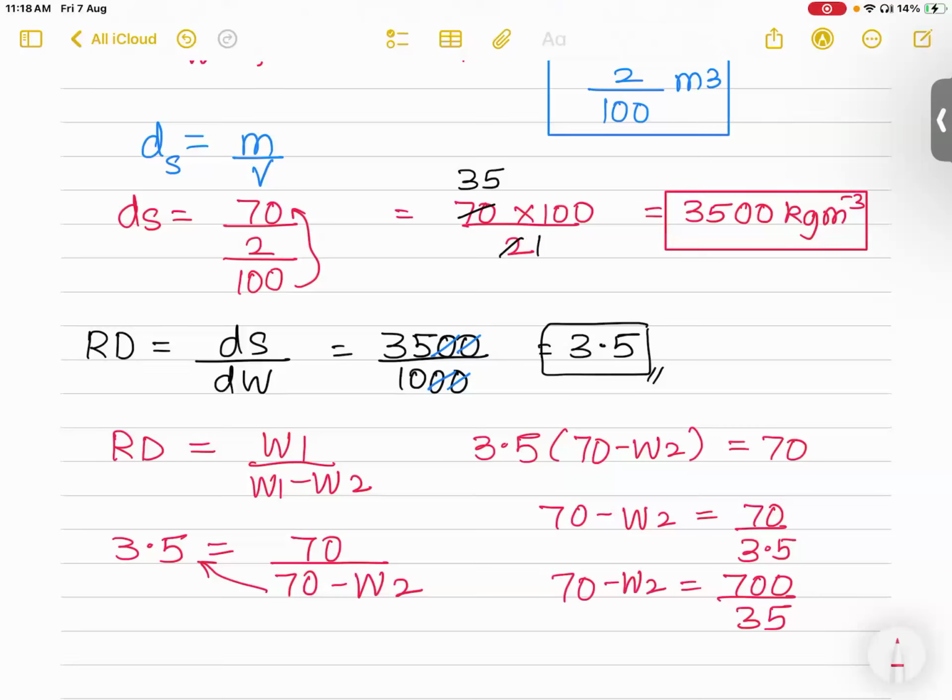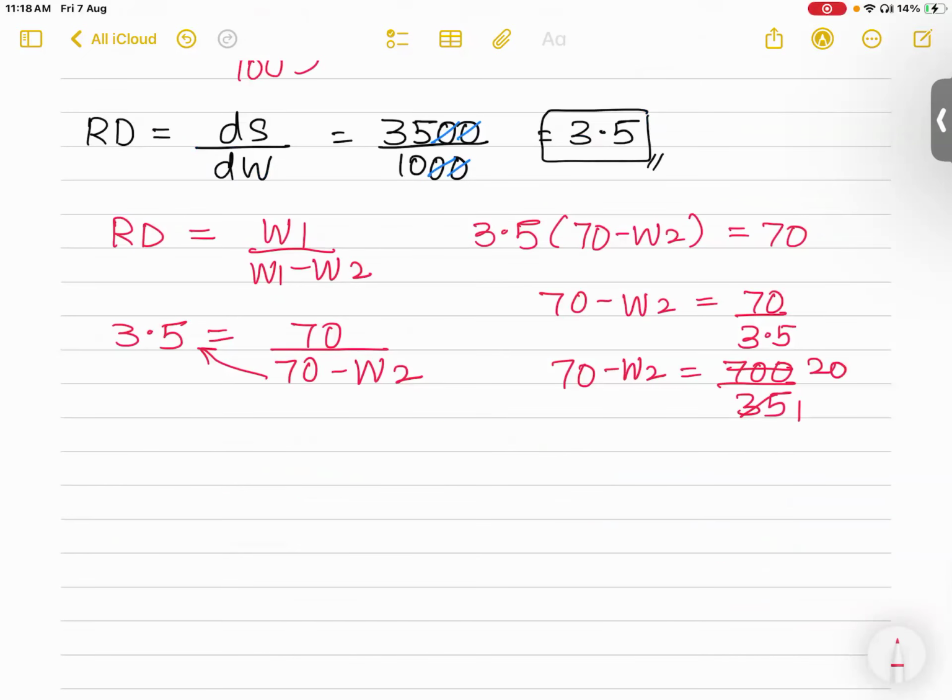I think they are divisible, guys. 35 ones are 35, 35 twos are 70. Wow. So we get 70 minus 20 is equal to W2, which is 50 kgf. That is the weight of the object in water.